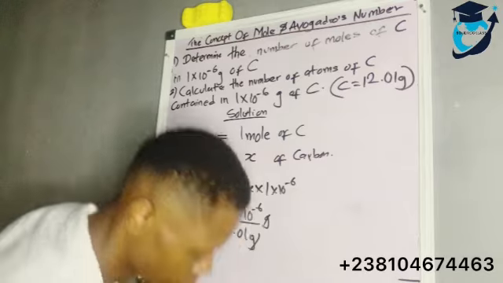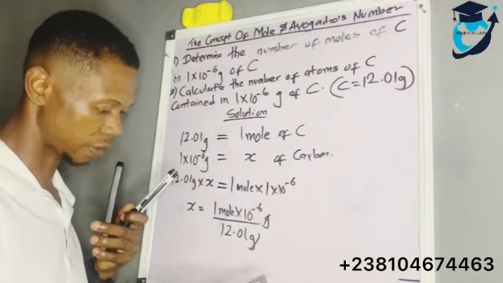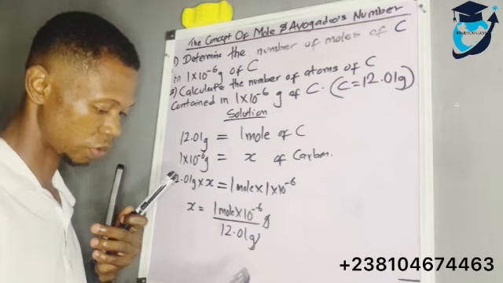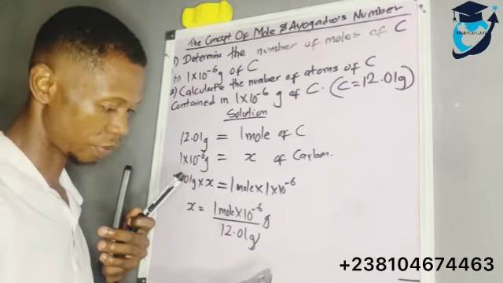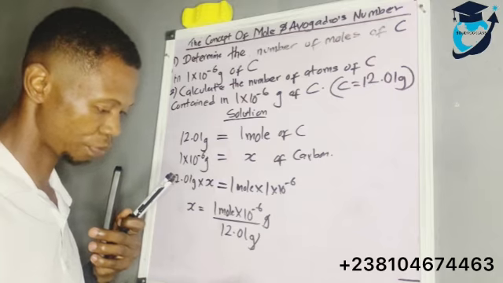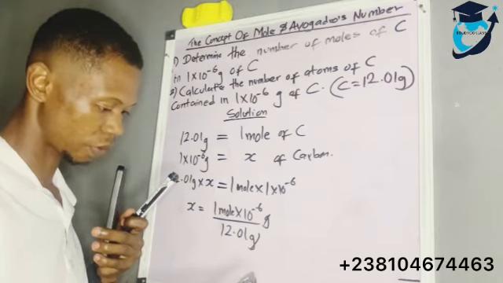So using our calculator, 1 times 10 raised to the power of minus 6 divided by 12.01. Alright.